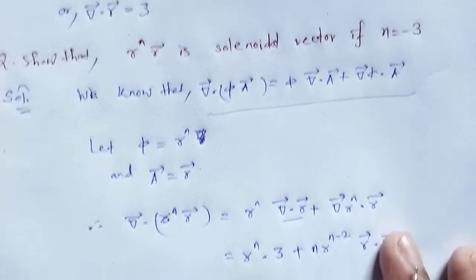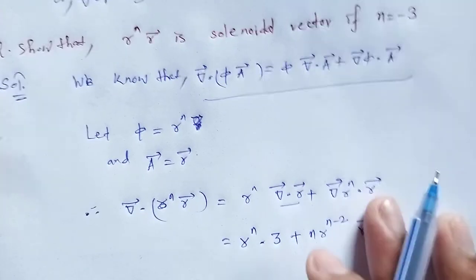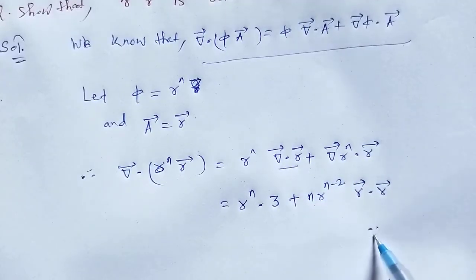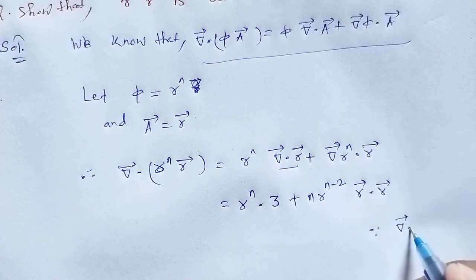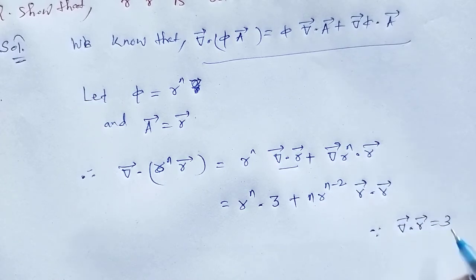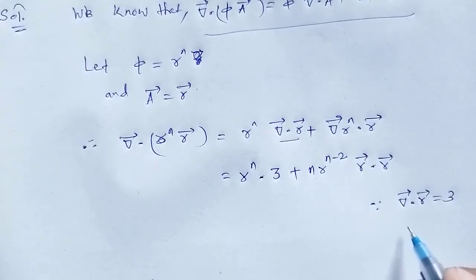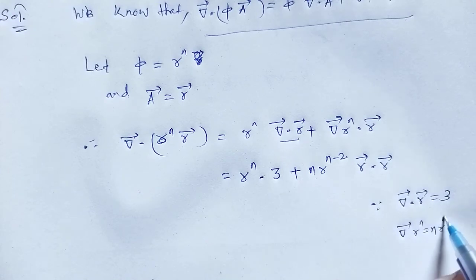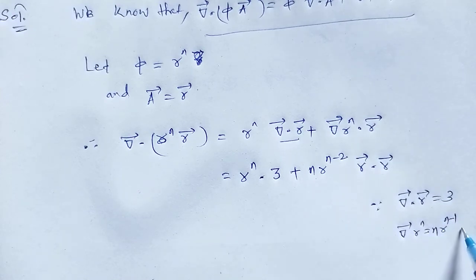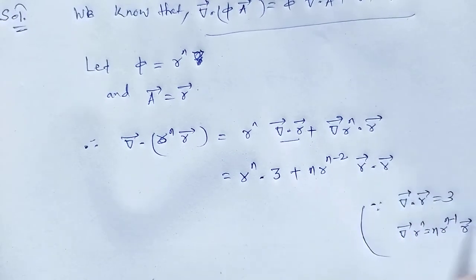As we discussed this in the concept of gradient, grad dot R is equal to 3 and grad R to the power n is equal to n R to the power n minus 2 into R vector.